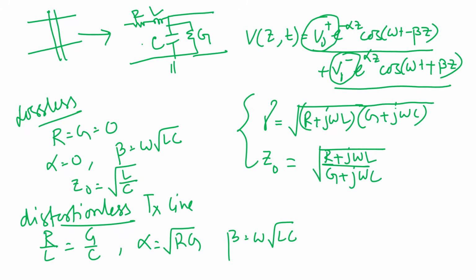So alpha is independent of frequency and beta is dependent on frequency, and Z0 equals under root R by G, or under root L by C. So these are in brief some important formulas related to transmission line, the expression of voltage on a transmission line, and the types of transmission lines and their important formulas. We will continue our discussion on transmission line in the next video.